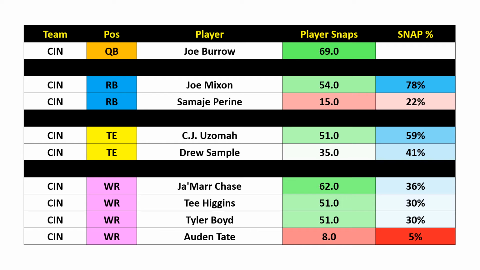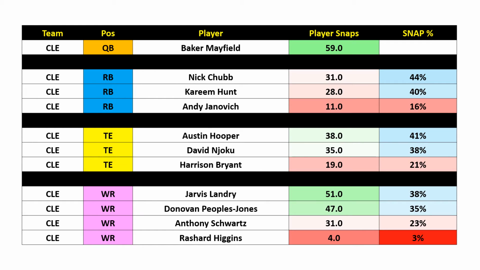Chase might have been a surprise. Okay. Dominant here at 36. So it looks like a 1 and a 2A, 2B scenario. I don't think we drafted Higgins to be a 2A. So Chase is probably a surprise for you. Chubb and Hunt, probably no surprise there. Hooper and Njoku, notice the split.